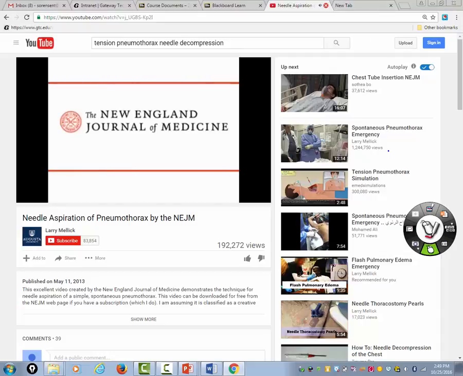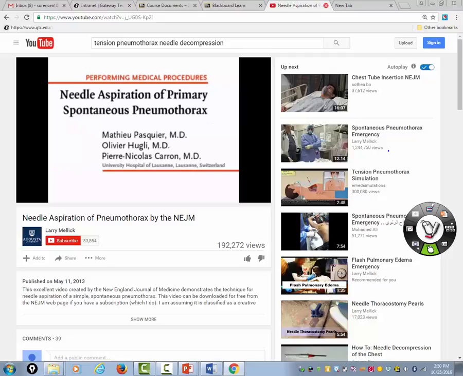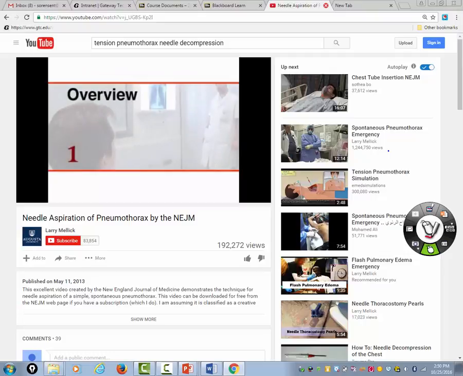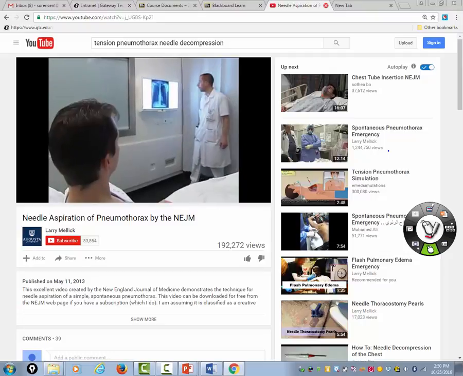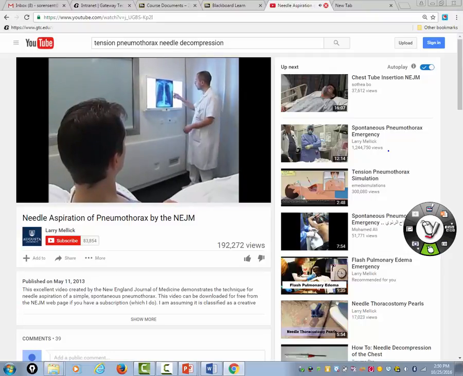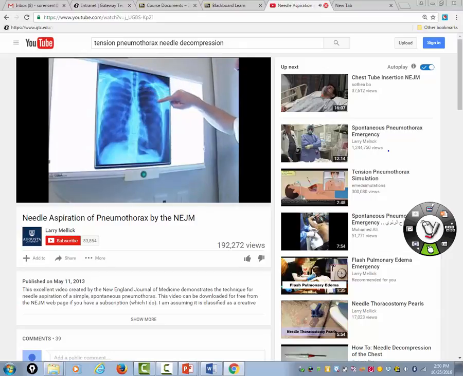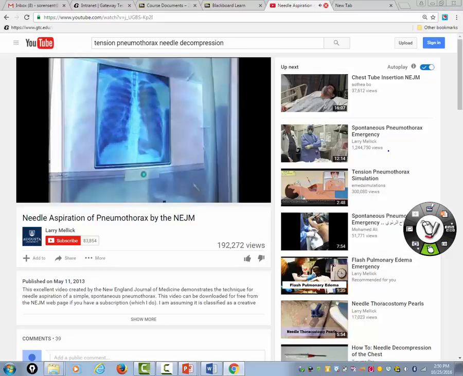Where do they insert the tube? Usually, because air floats, the lung typically gets compressed from the apex down. They would put it in an intercostal space? Yeah, they do. Why didn't that needle pop the lung?